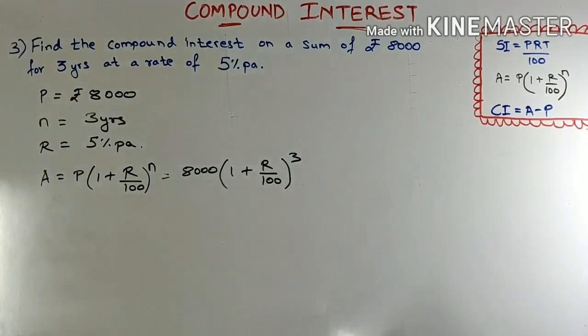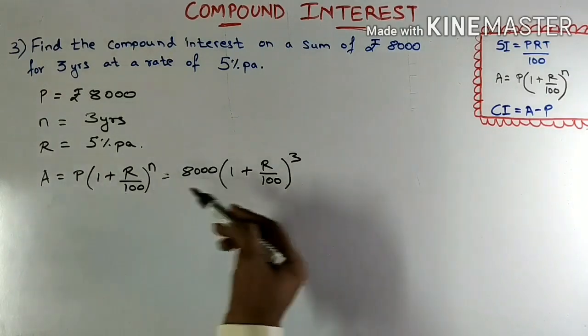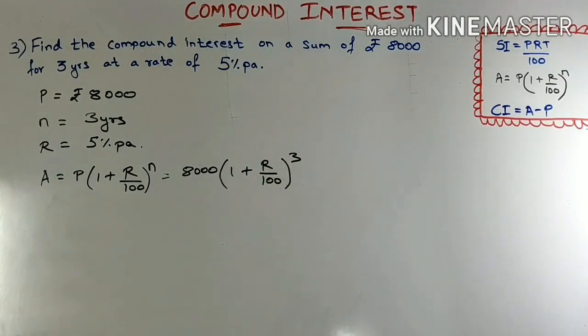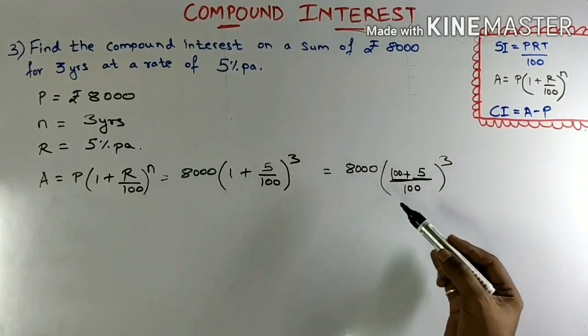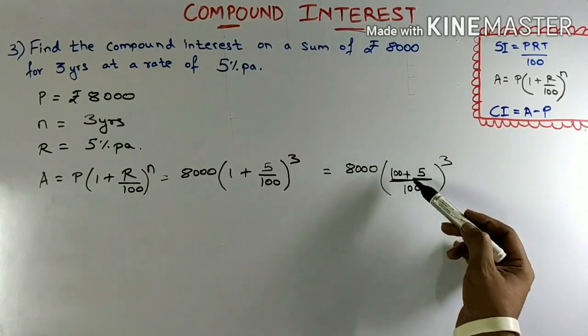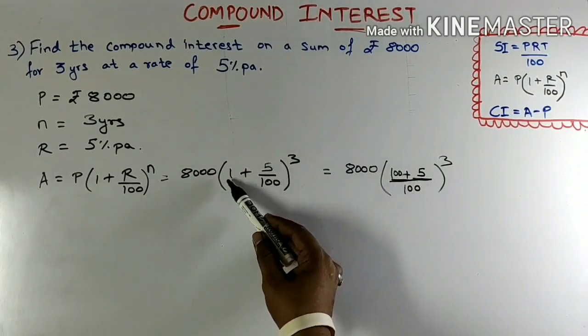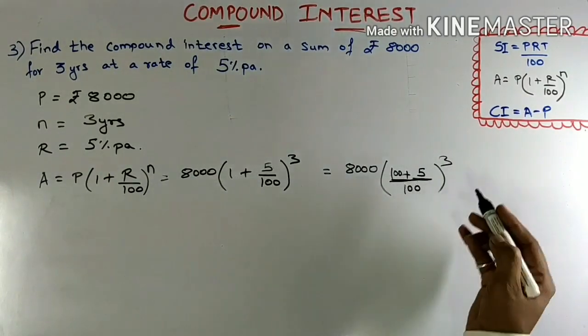I would now request you all to kindly pause the video and try to find the solution of the amount that is to be paid at the end of 3 years. Now for those who got stuck over here at this step, what to do? We'll take LCM of the denominators and add.